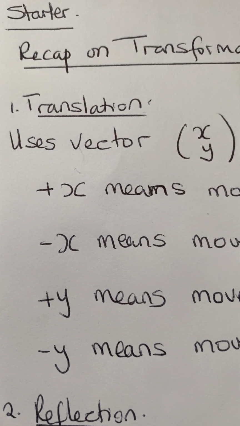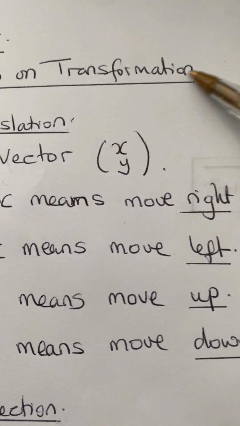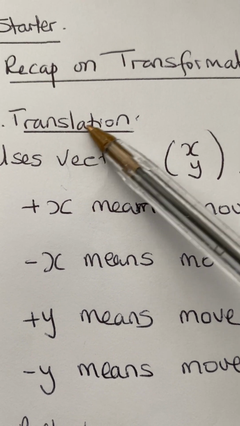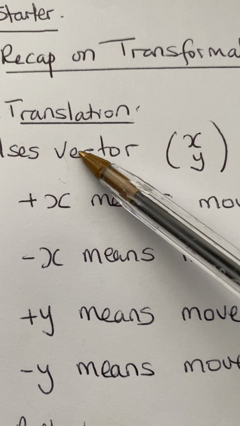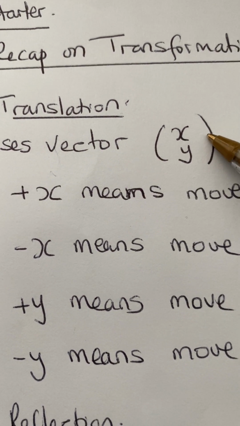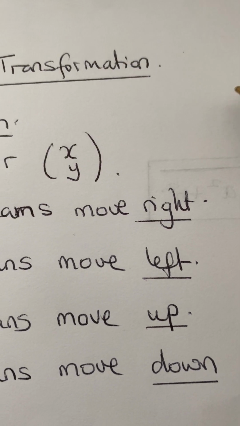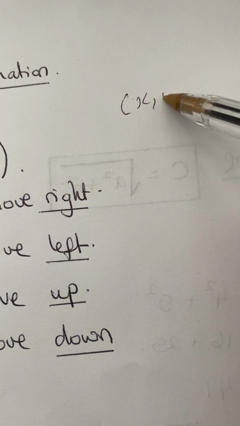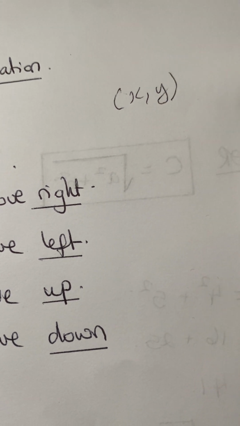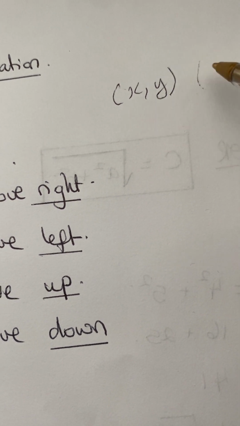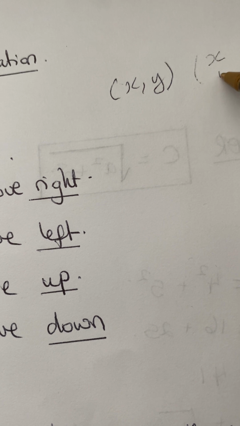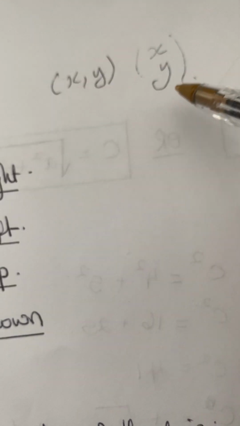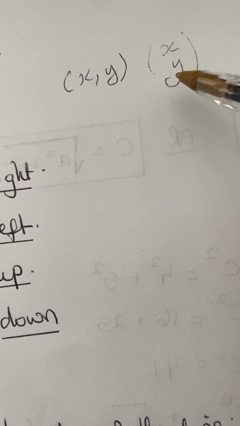Let's do some starters. So we are going to recap on transformation. Okay, we said with translation we use this vector. So instead of writing it in the coordinate form, okay, we use this form.